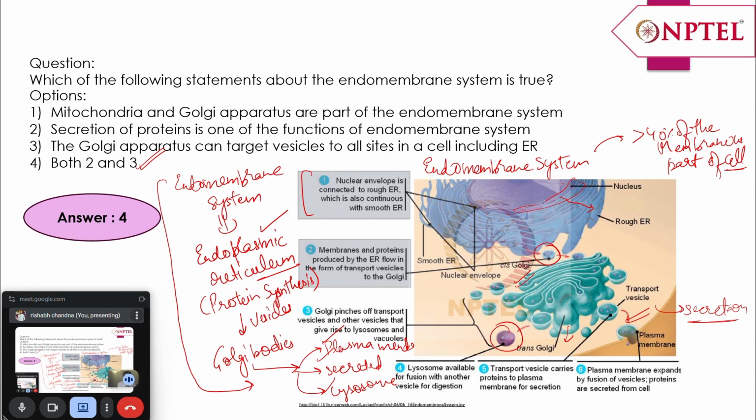So any doubts in this question? If not, then we'll move on to the next one.